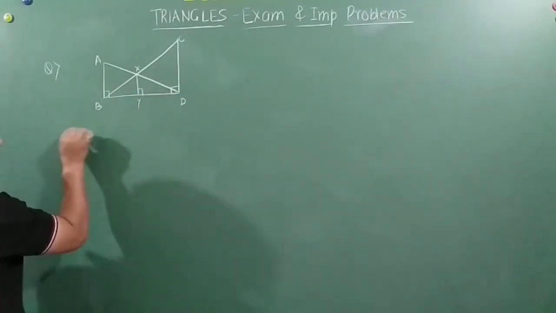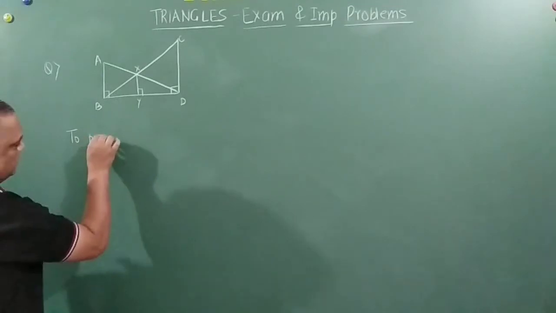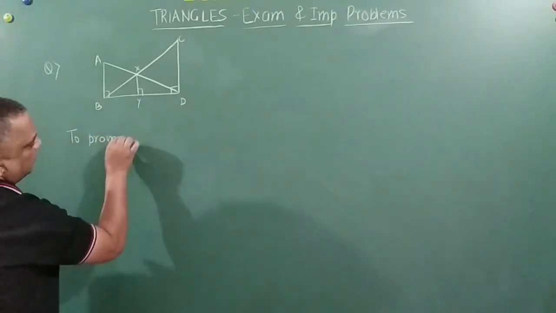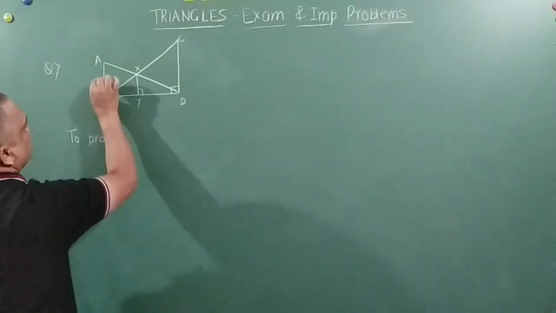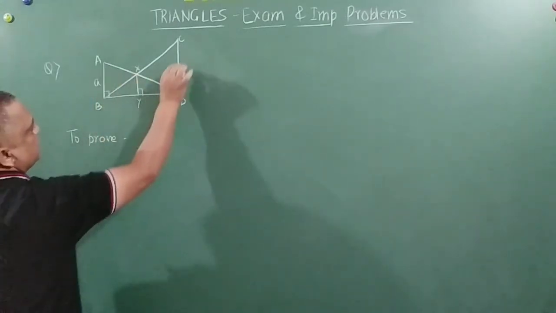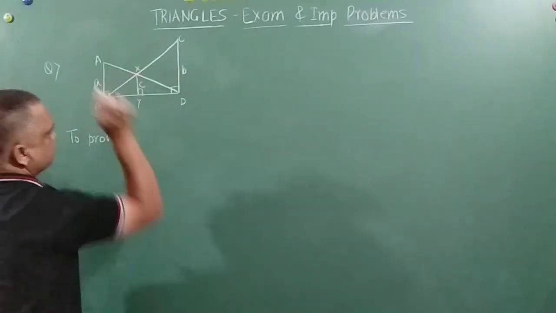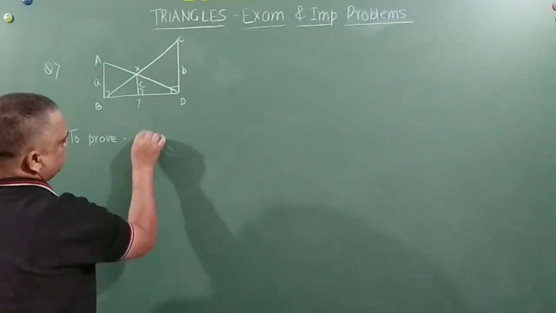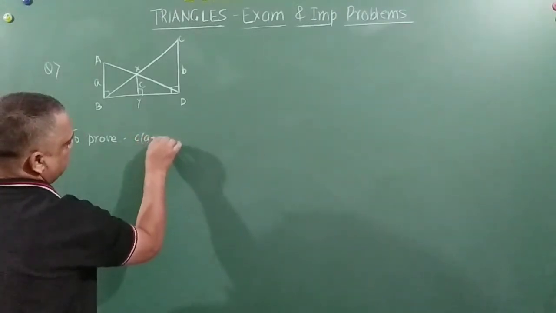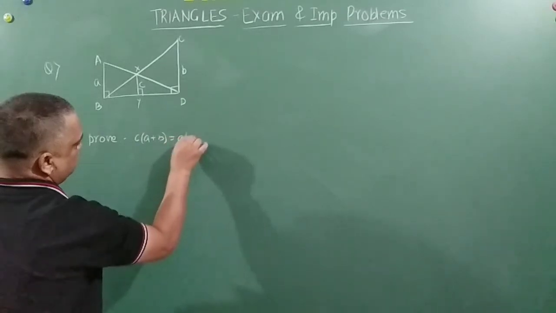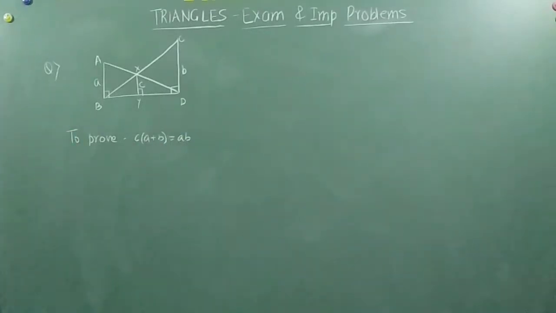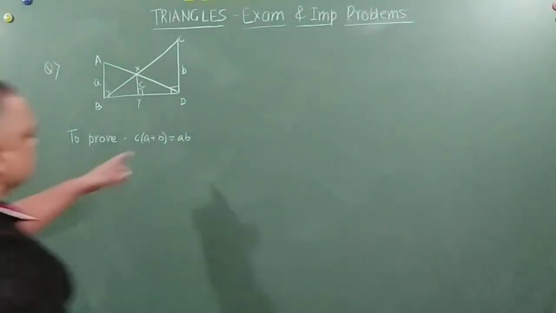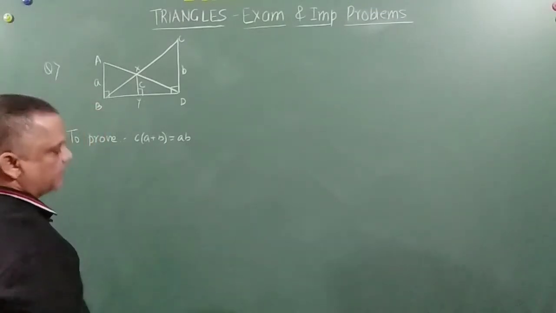And we need to prove, sorry, this is given to be A, this is B, and this is C. So we need to prove that C into A plus B is equal to AB. This is what is to be proved now.